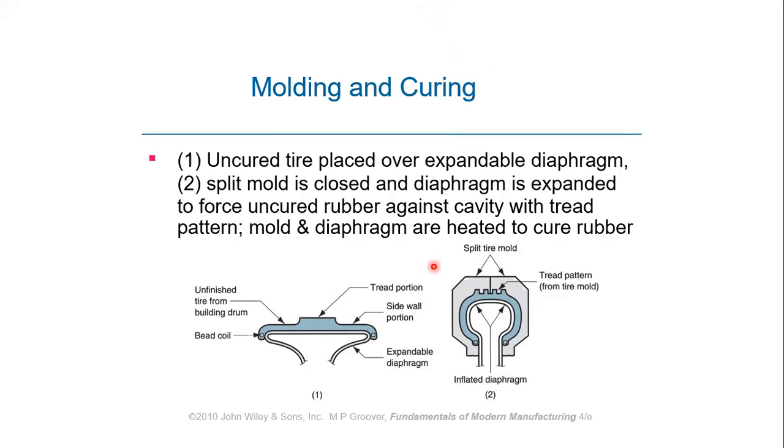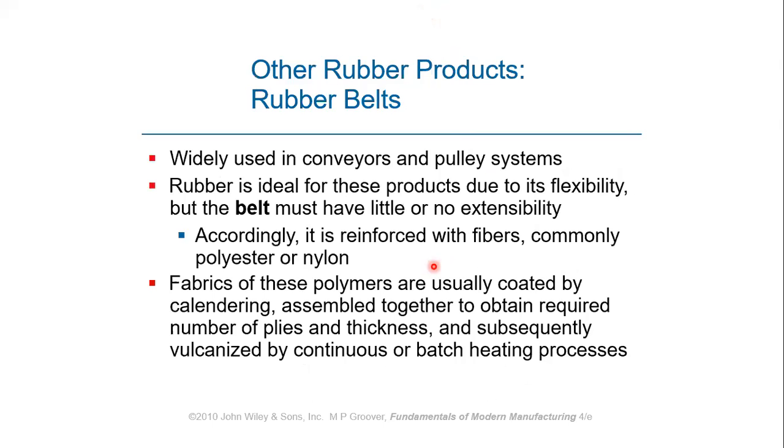All right. There are some other rubber products. One of them is rubber belts. This is widely used. I think this is the second most used product of rubber. Conveyor and pulley systems basically use this kind of rubber belt.